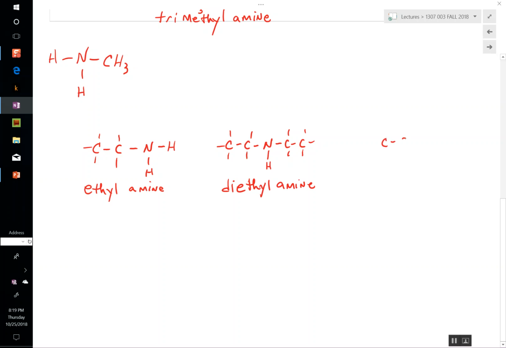And then if you had 3 ethyl groups, you have no hydrogens now. All 3 positions have been taken up by organic substituents. You end up with triethylamine.